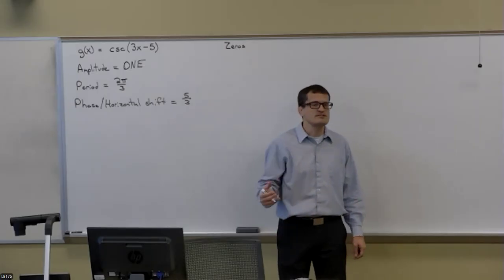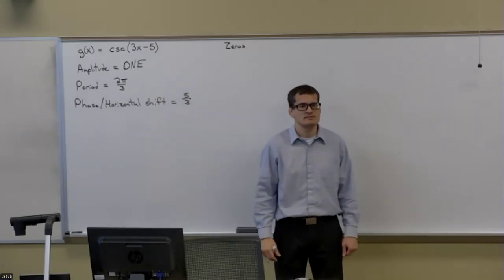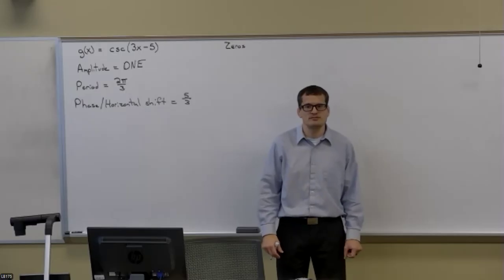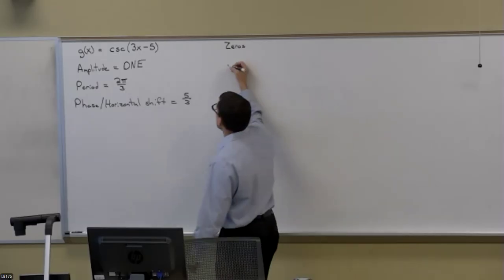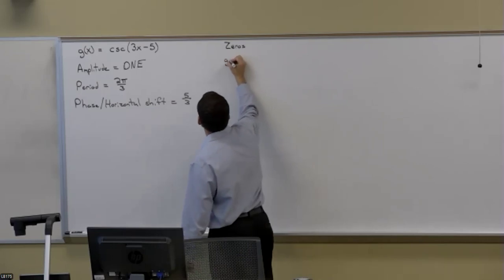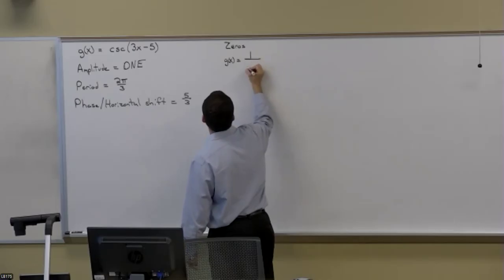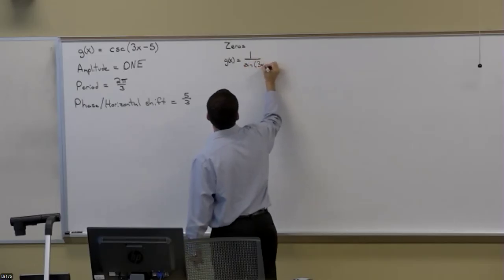Zeros or x-intercepts. We're looking for zeros or x-intercepts. One way you can think of this is think of g of x as 1 over, in this case, sine of 3x minus 5.